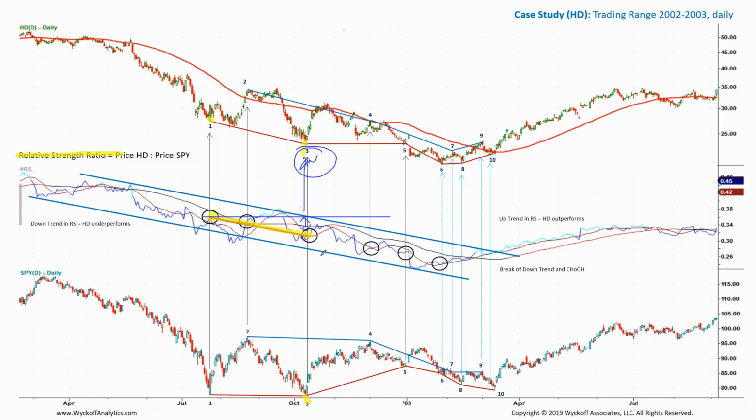So we could use a comparative analysis that Wyckoff used 100 years ago, or we could use something more modern, like a relative strength ratio line that I believe was created in the 40s or 50s, and that is a very institutional tool. Institutions create a lot of systems based on relative strength performance.